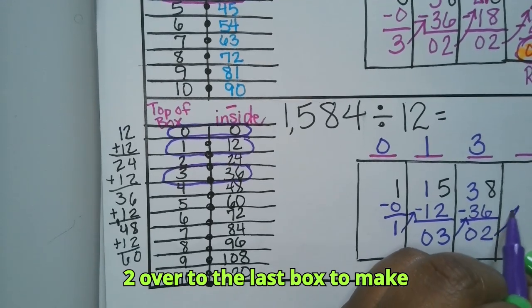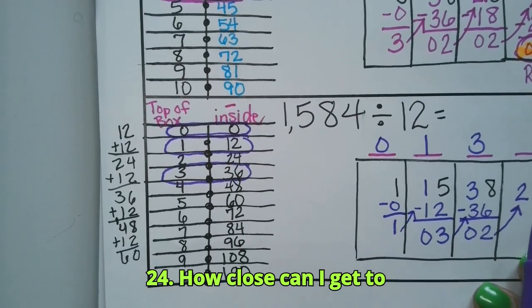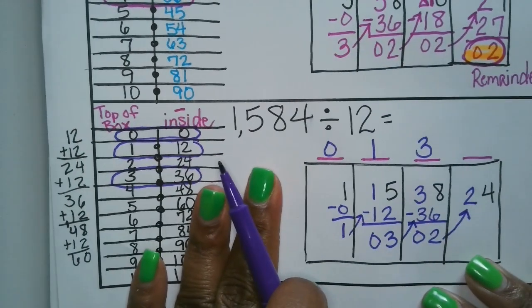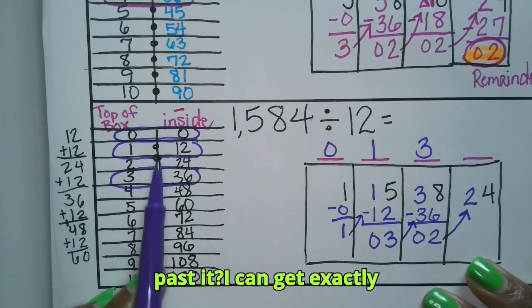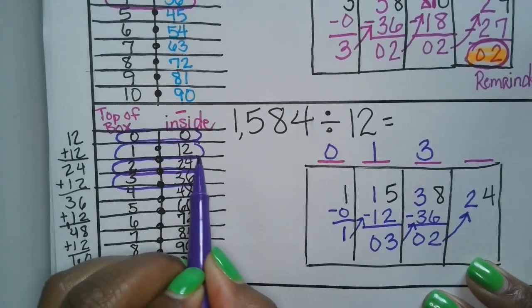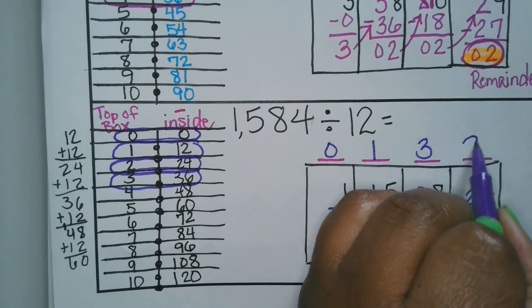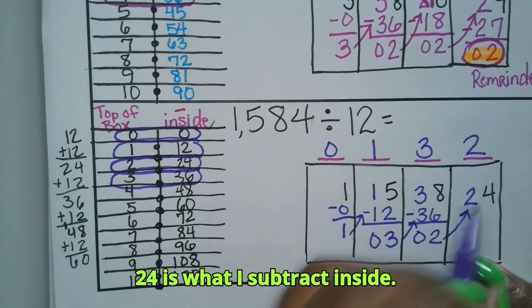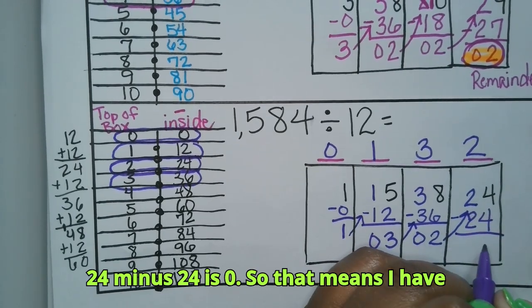Bring that 2 over to the last box to make 24. How close can I get to 24 without going past it? I can get exactly 24. 2 goes at the top of the box. 24 is what I subtract inside. 24 minus 24 is 0.